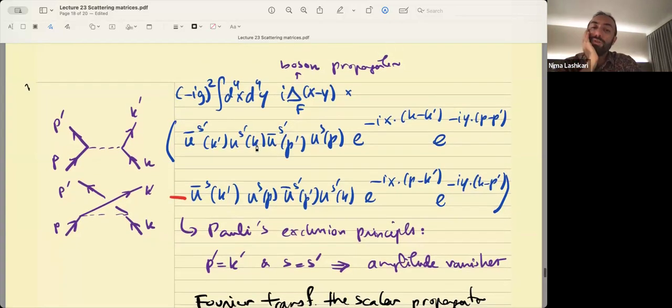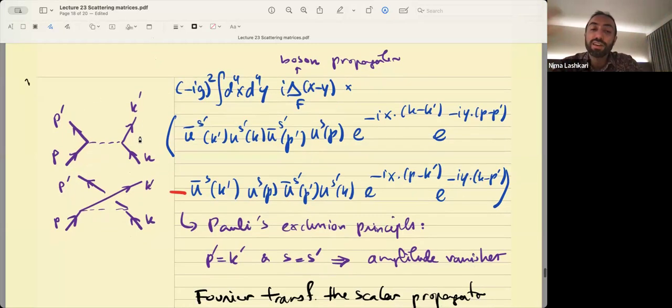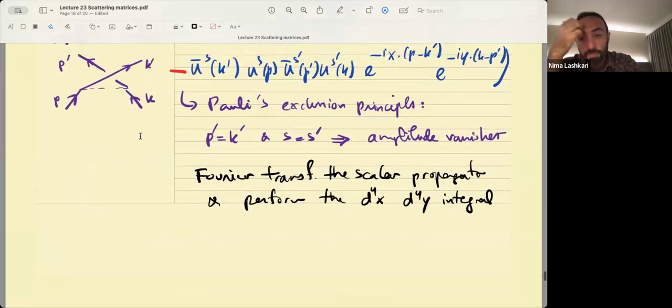These are the two diagrams that contribute to what? They contribute to the T term, because this is the expansion of the S matrix, where we have dropped the identity piece. The identity piece would be just this guy propagates here and this guy propagates up, so they don't interact at all. But these diagrams capture the T. When we draw the diagrams, that's what we're trying to get.